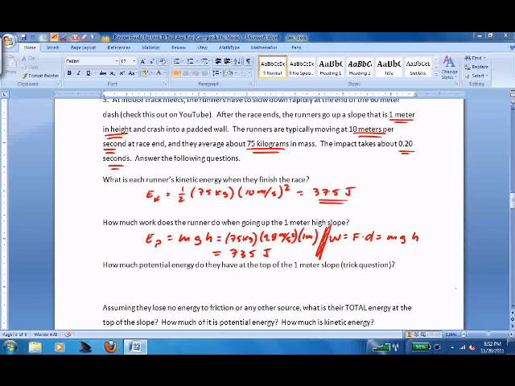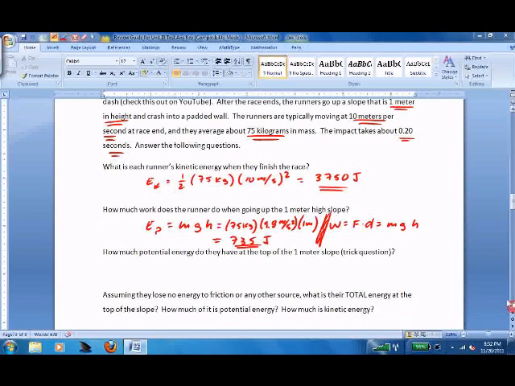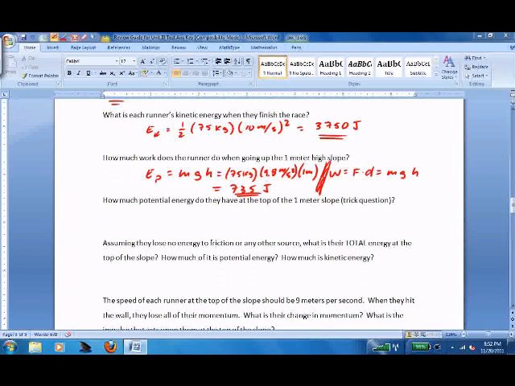And I forgot to square this one up above. Try that again. This is 3,750 joules of energy. And they would lose 735 due to work. So how much potential energy do they have at the top of the 1 meter slope?